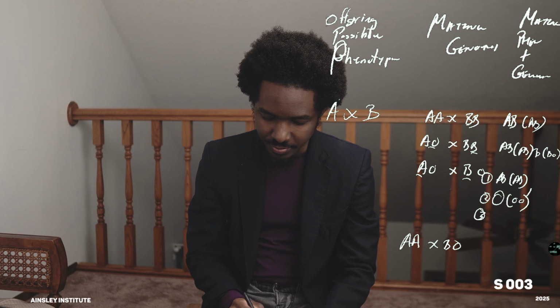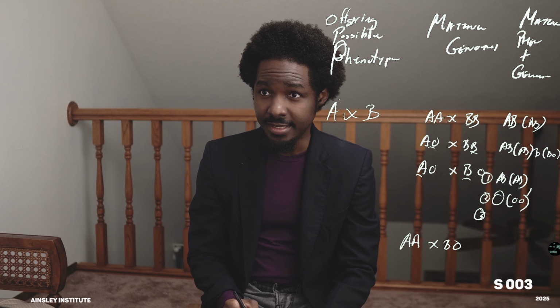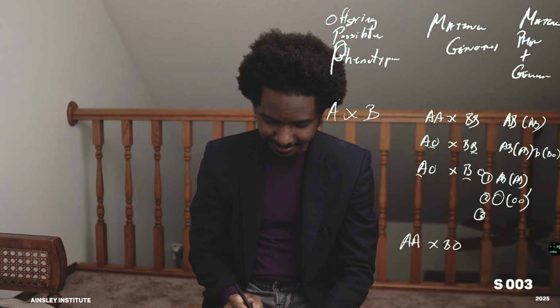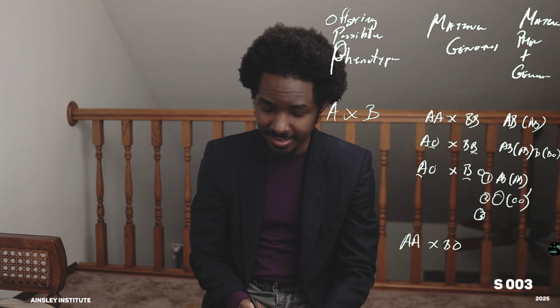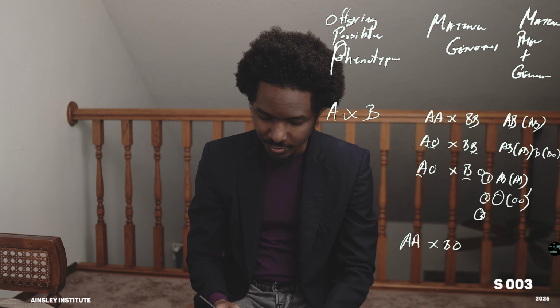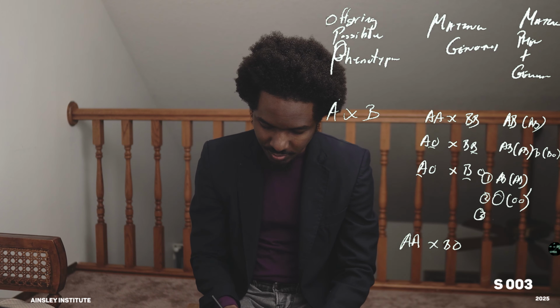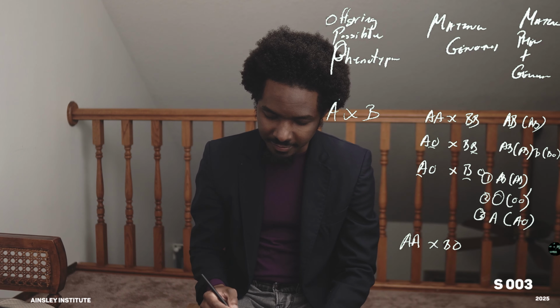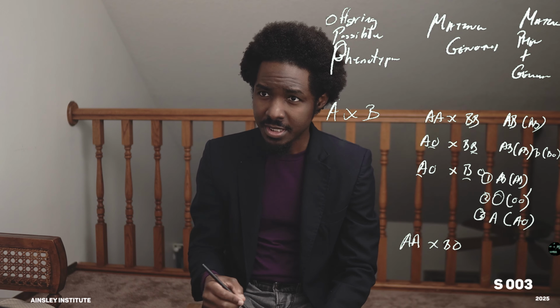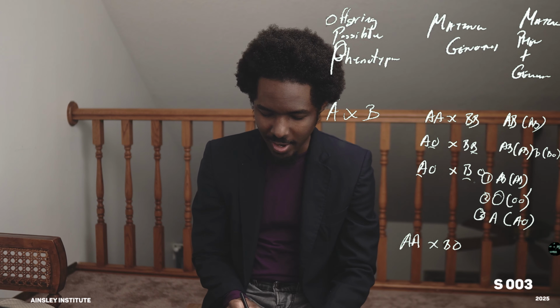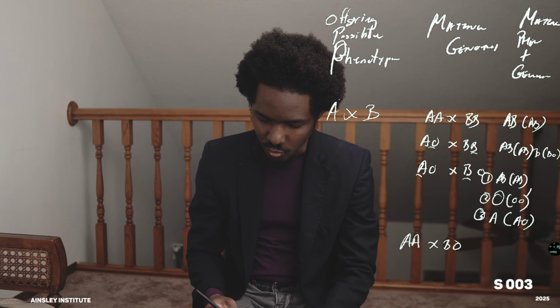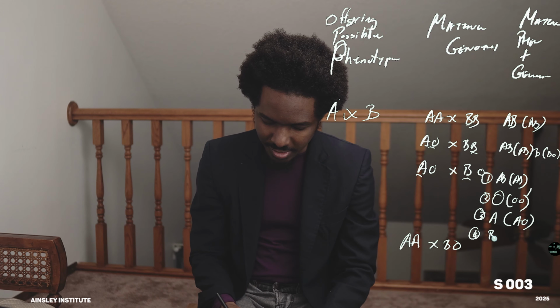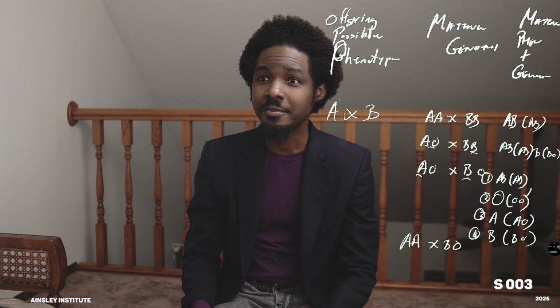And this combination is, guess what? AO, because A and O. So you have A, which is AO. So if you have AO, there is a possibility that you can have BO, right? Because you have B and O.